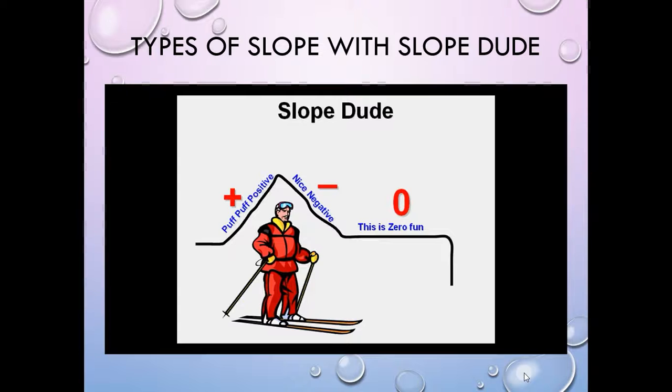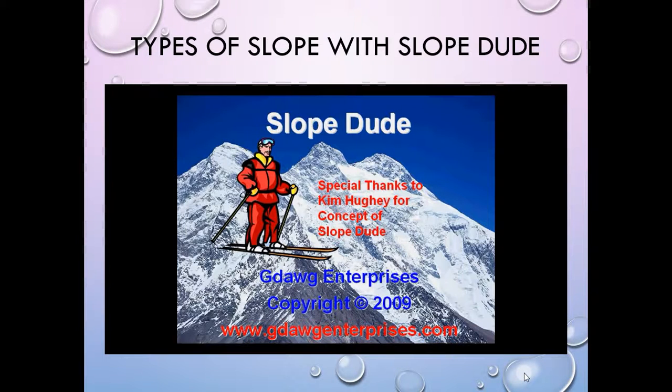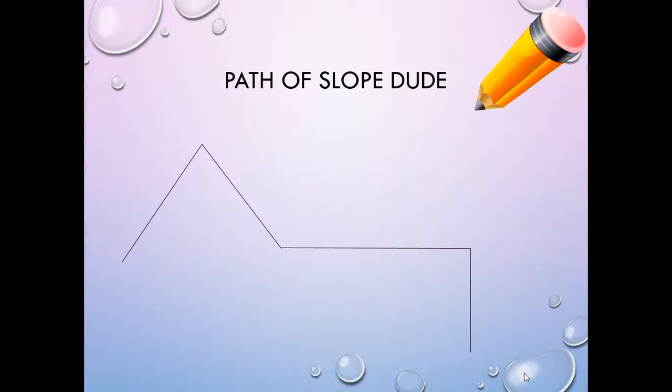And finally, when he went over the vertical cliff and straight down, he yelled the worst curse word of math and algebra. Undefined. The uphill is a slope with a positive number, the downhill is a slope with a negative number, the flat part is a slope of 0, and the straight up and down or vertical part is undefined. This has been the Adventures of Slope Dude.